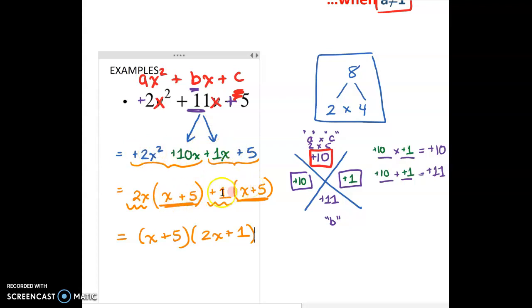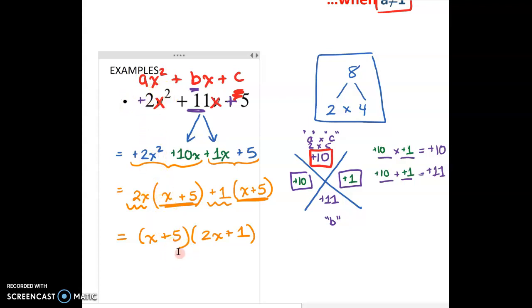And then we're doing factor by grouping to come back and just get 2 factors. Okay? So it's similar, and it's just taking all the pieces that you've learned and putting it all into one technique. But the reason why you couldn't use all those other techniques is because this a value is no longer 1, so you can't take the shortcut. So this is the long method to factoring.